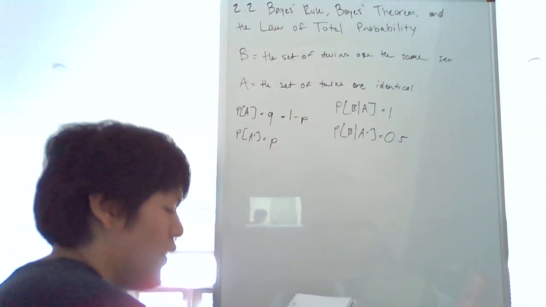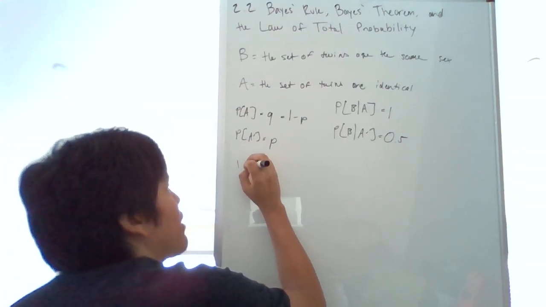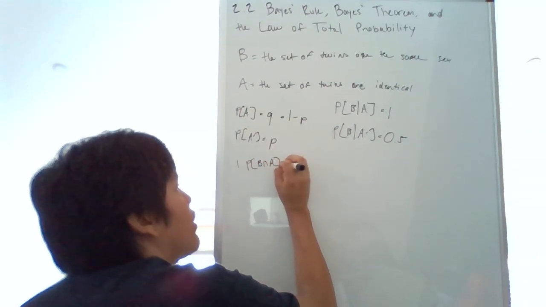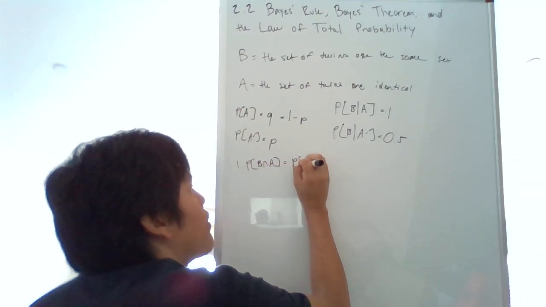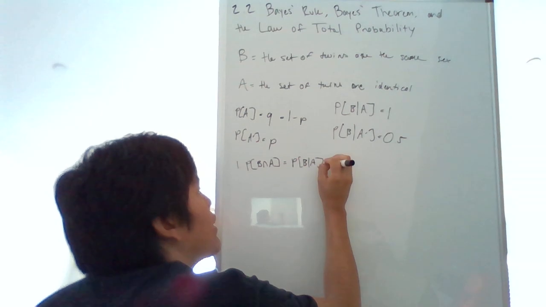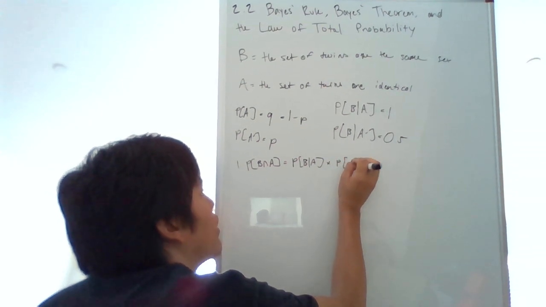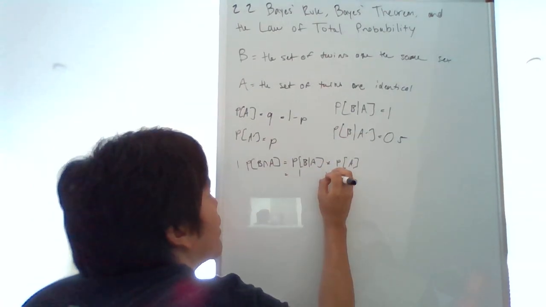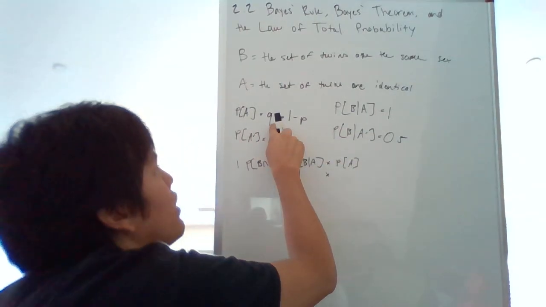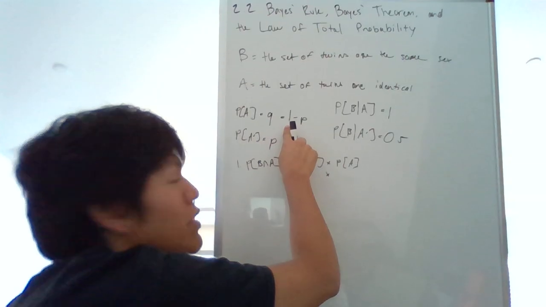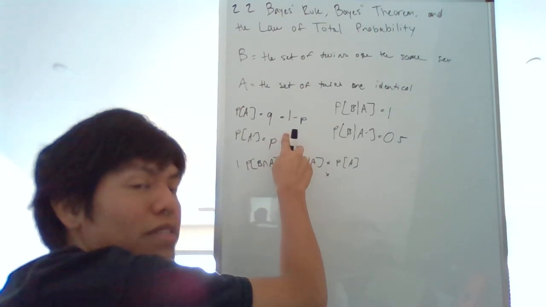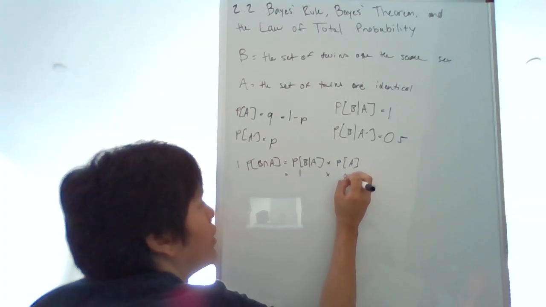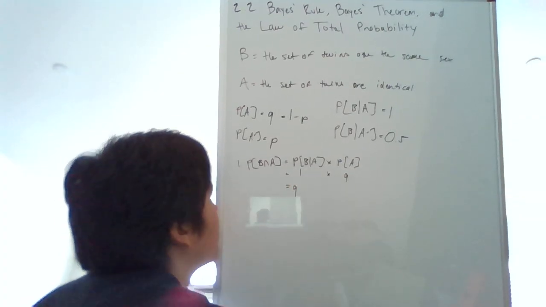So the first step is we find the probability of B intersect A, and that is the probability of B given A times the probability of A. B given A is just 1, that's easy, times the probability of A, which is Q, which is equal to 1 minus P, but we want the answer in terms of Q, so we'll just use the Q. So this is just equal to Q.